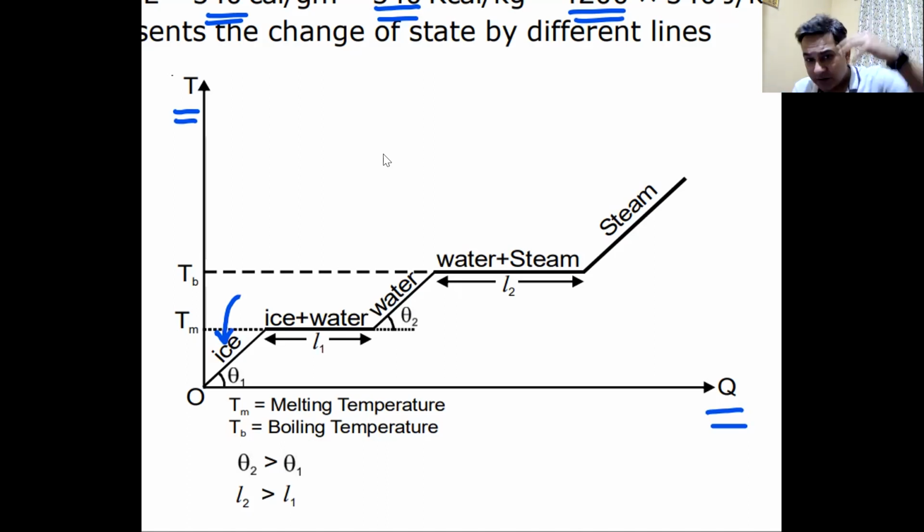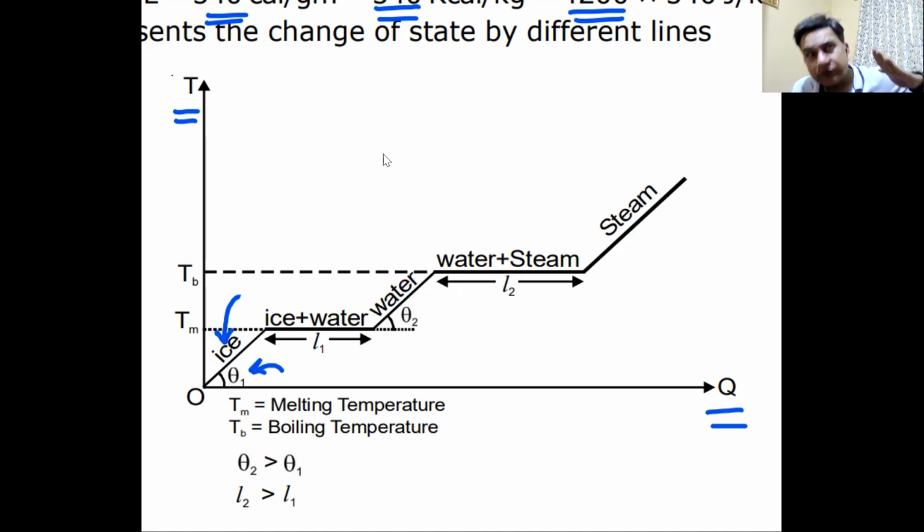If I give heat to that ice, the temperature of that ice will increase. Yes or no? Can I have some raised hands that we understand this? The temperature of that ice will increase, and that is shown by this graph, which is inclined at an angle theta.